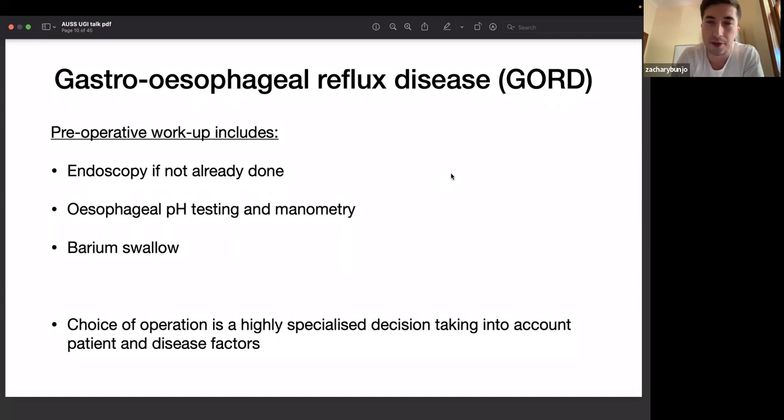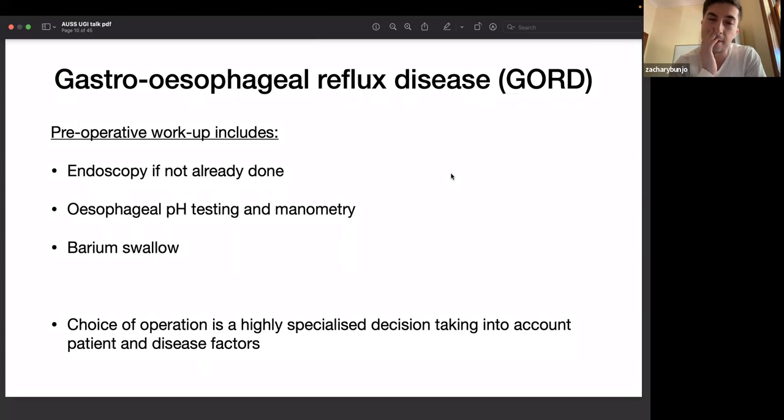Barium swallow will also give you a clue towards whether they have a motility disorder. But another thing that it's pretty good at picking up is if they have a hiatus hernia. So that's going to have some influence on operative management. So you'd obviously include a hiatus hernia repair as part of a fundoplication. So that's why that's useful.